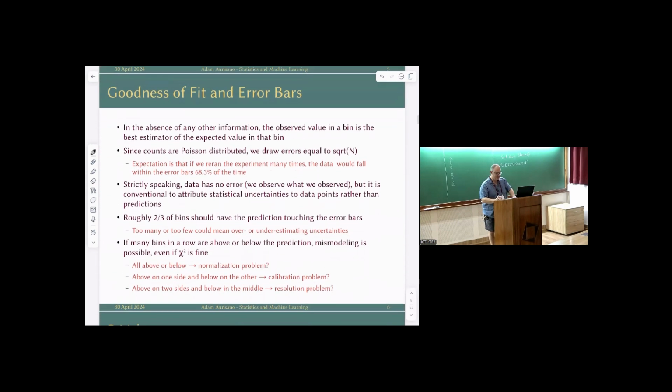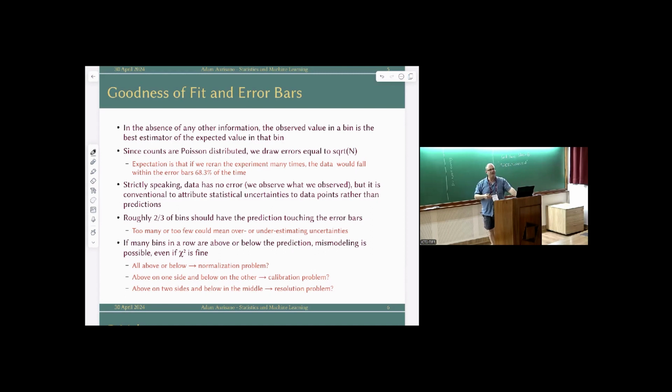Okay. Now, just a quick note about error bars. So when I showed the data that I had there, the black crosses basically are telling you the error bars. And by convention, we place error bars that have a size of root n.